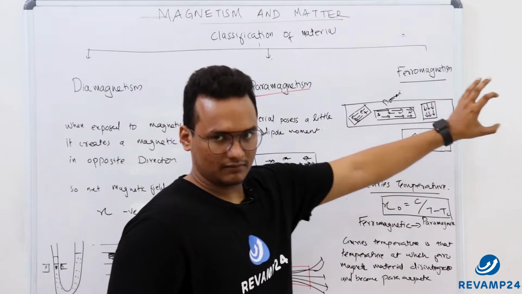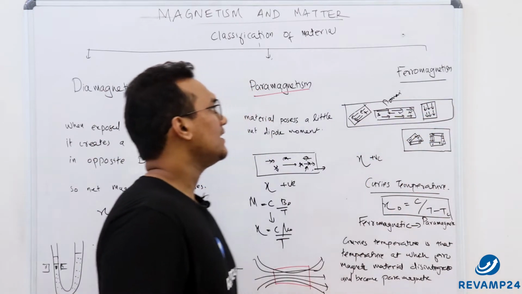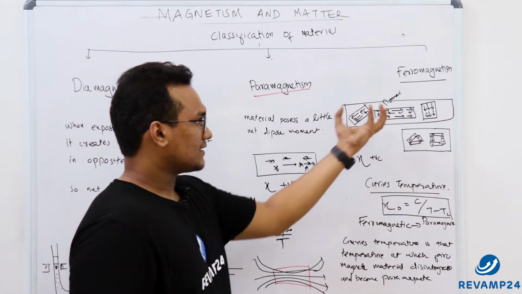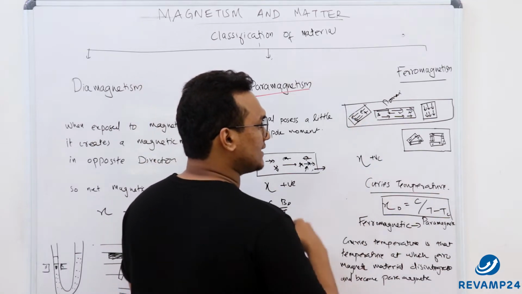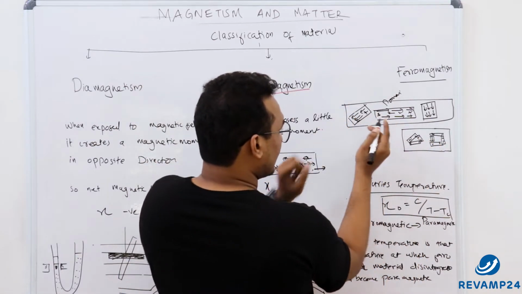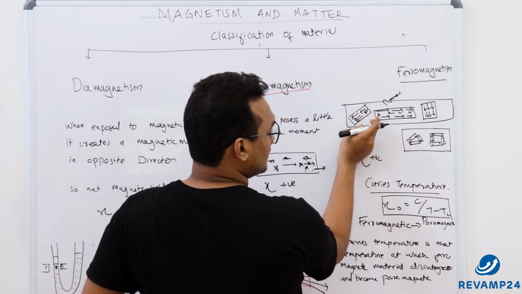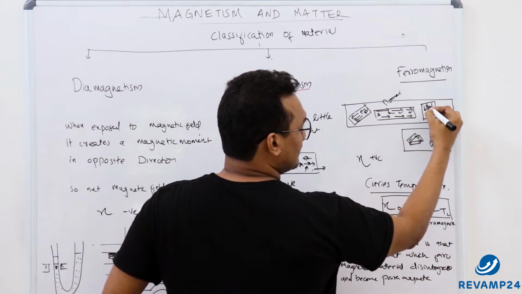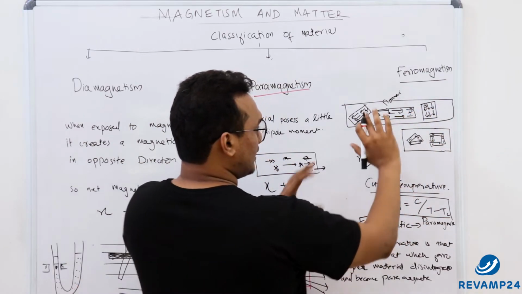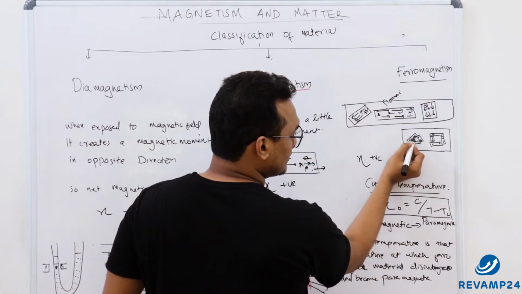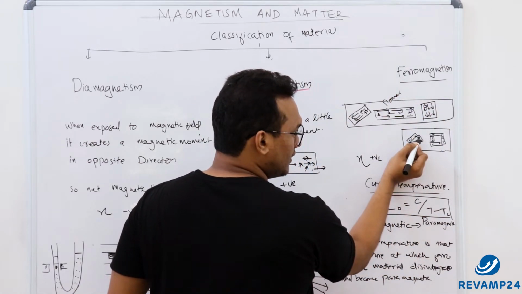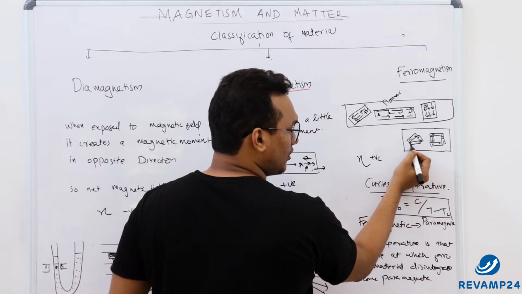Now when there are individual magnets inside as domains, they will rearrange themselves in this form. This north will be attracted by the south, and this south will be attracted by the north, and they will form a closed loop like this. North, south, this is one domain. Now north, south, another domain. North, south, another domain.